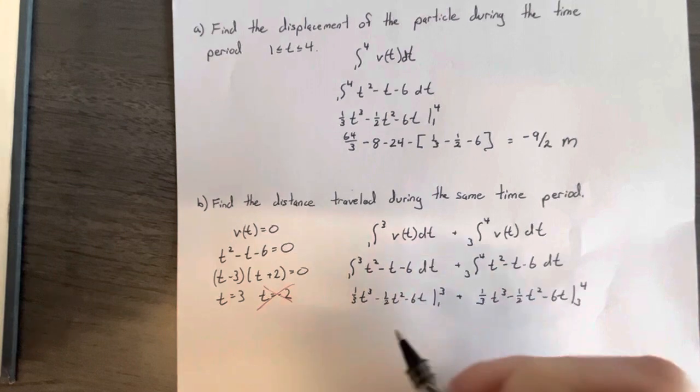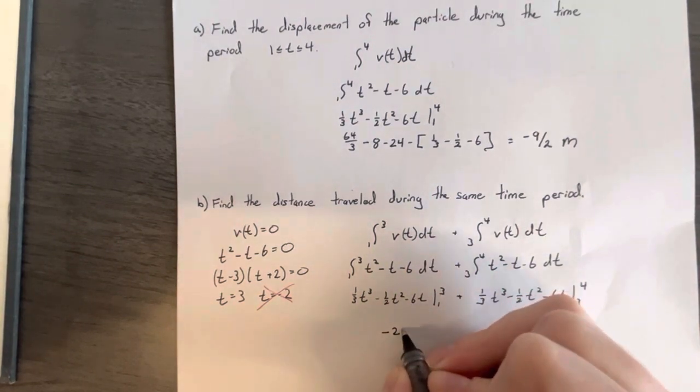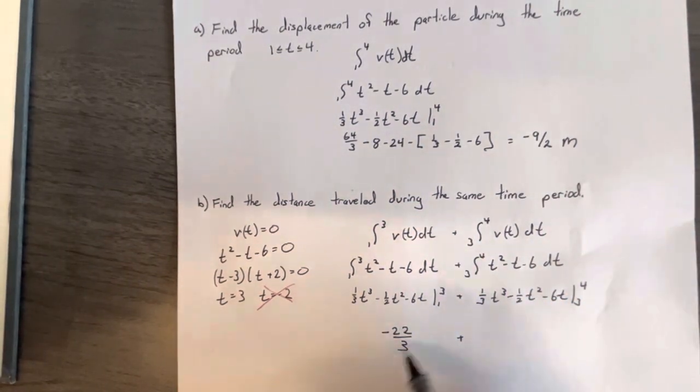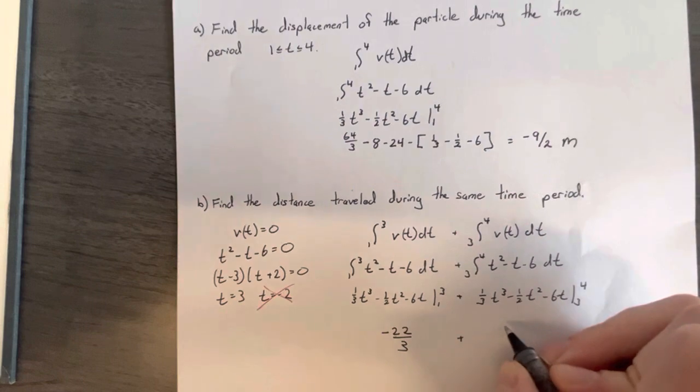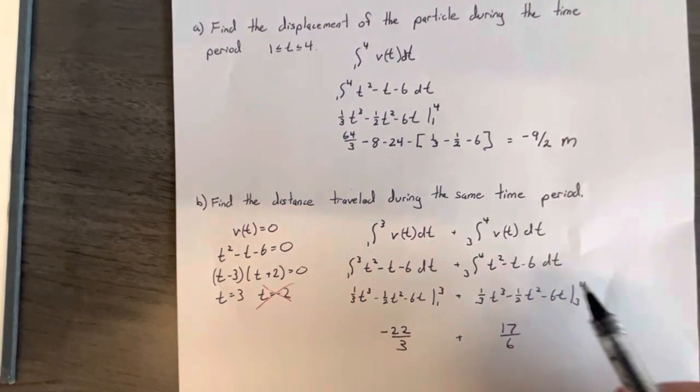I'm not going to do all the arithmetic out. I have it off on a scrap piece of paper. We should have negative 22/3 here, and for this one over here, 17/6. Go through, work on your fractions.